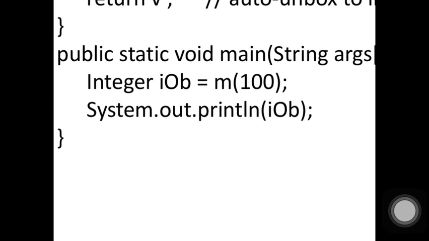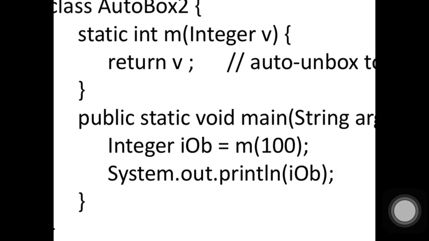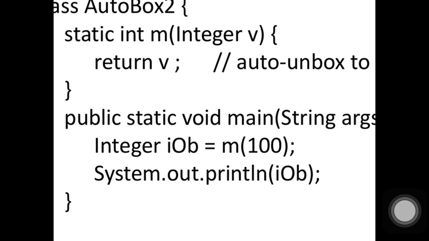Coming to the main method, inside the main method you are declaring an Integer and creating one object for Integer, iOb, and you are passing 100 to the m method. So m is receiving an Integer of type object, but here you are passing a numerical value. So automatic boxing will take place here. The 100 is going to be assigned to the Integer object v.